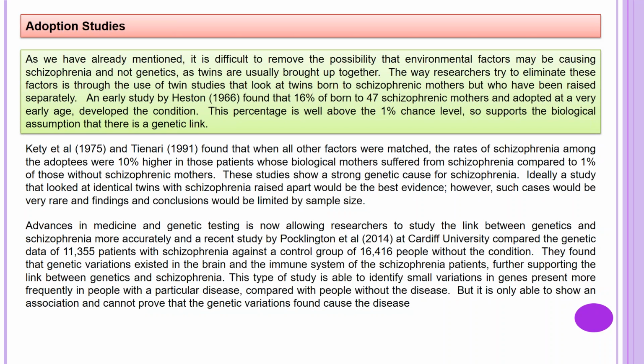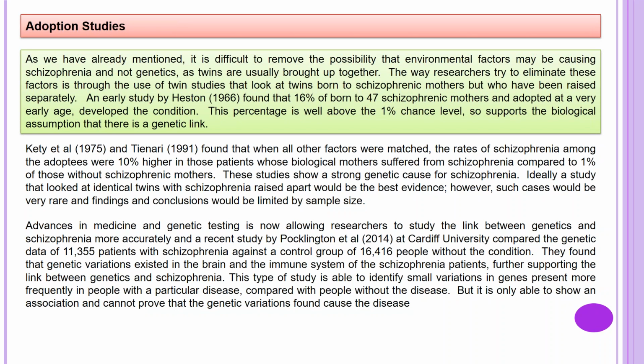Advances in medicine and genetic testing are now allowing researchers to study the link between genetics and schizophrenia more accurately, and a recent study by Pocklington in 2014 at Cardiff University compared the genetic data of 11,355 patients with schizophrenia against a control group of 16,416 people without the condition.